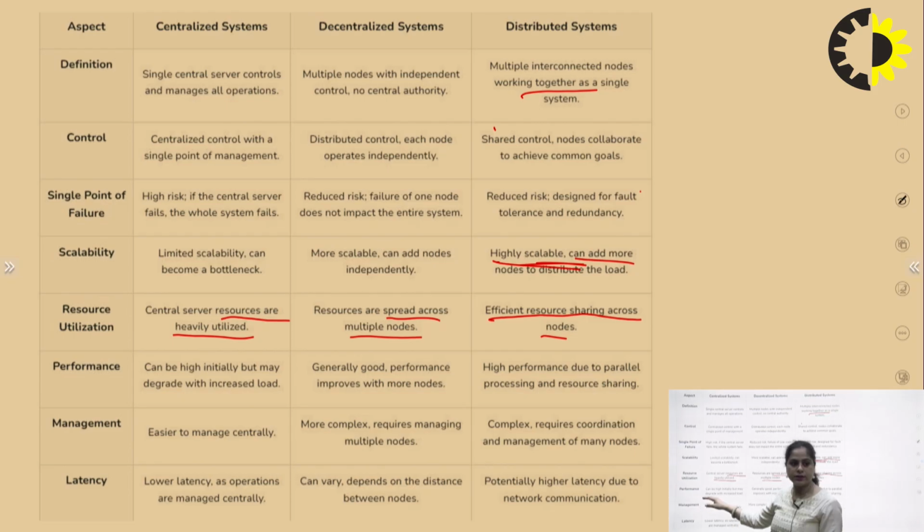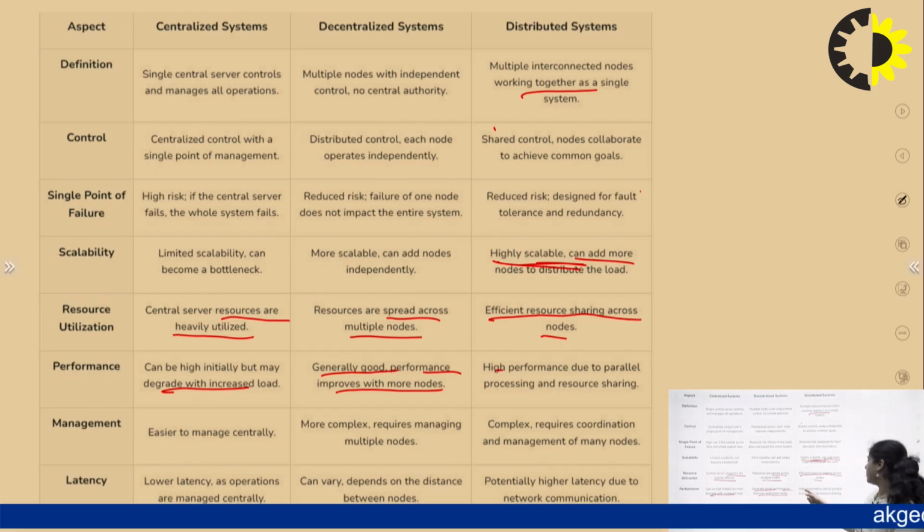In the decentralized system, we can see generally good performance that improves with more nodes. If nodes are added to the network, the performance will be good. In the distributed system, there is high performance due to parallel processing and resource sharing. Parallel processing is happening in the distributed system, so the performance is high.